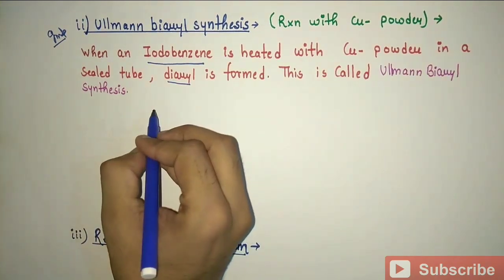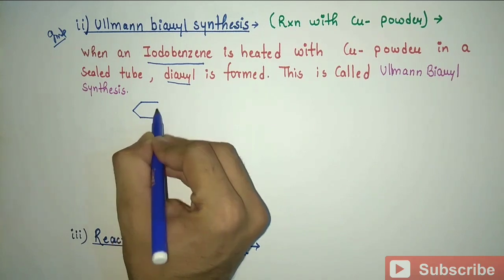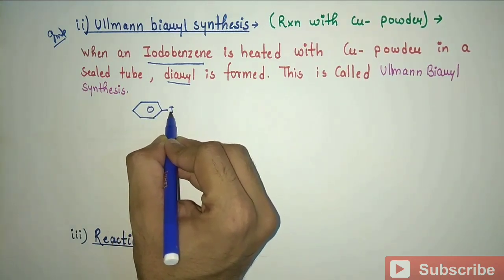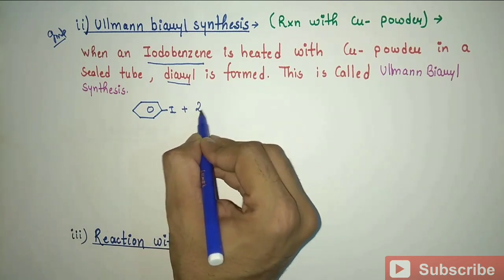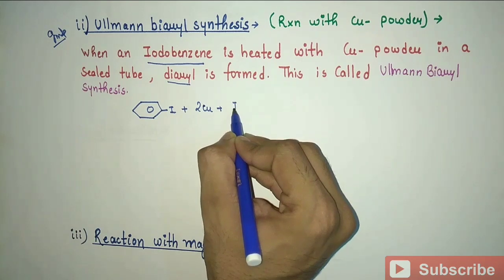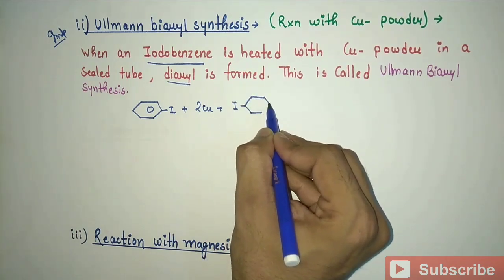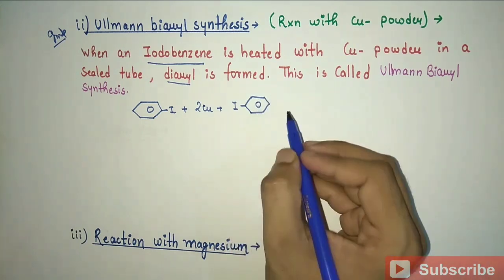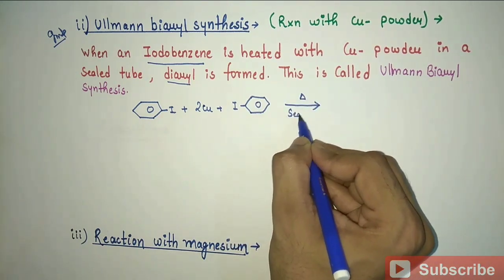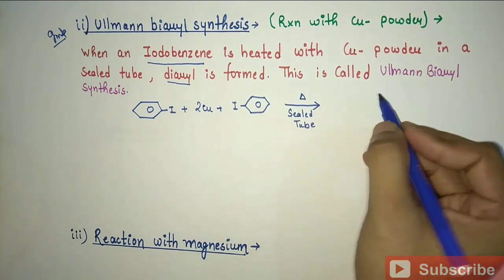Now let's see the example of Ullmann synthesis. This is our iodobenzene. It reacts with copper powder. We have to take 2 moles of iodobenzene. When it is heated in the sealed tube, it will form diaryl.